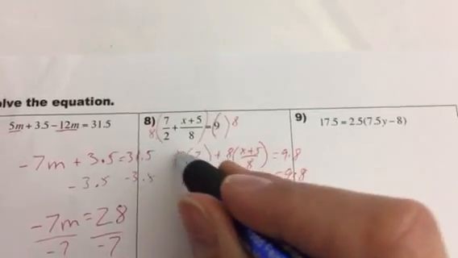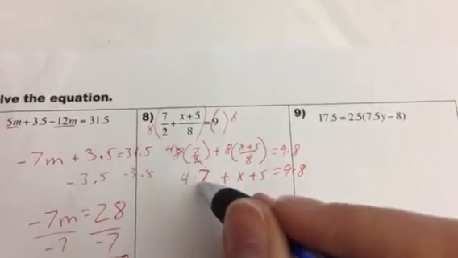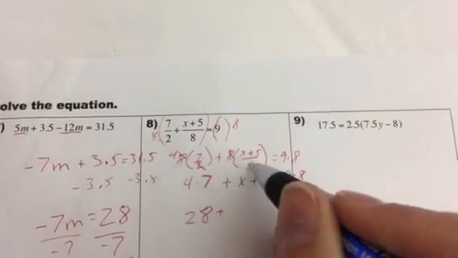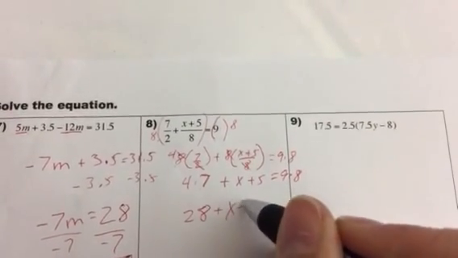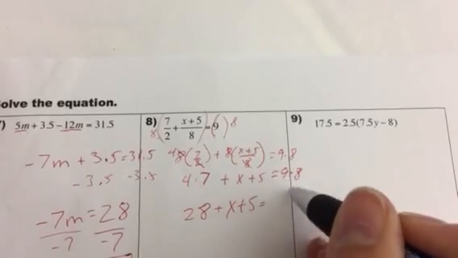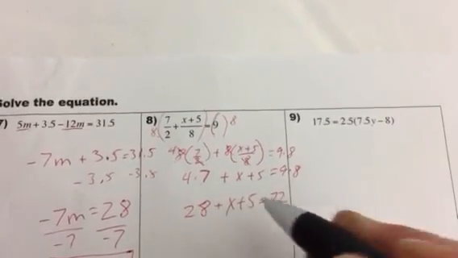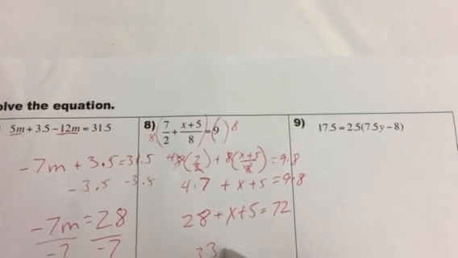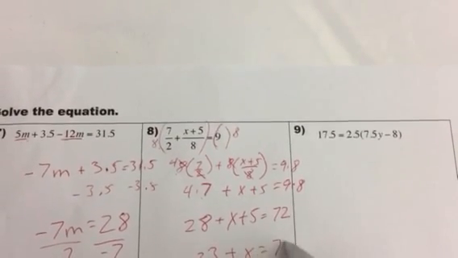So I did the cross cancellation, and it's 4 times 7, which is 28, plus, and then this canceled to 1, so I got x plus 5 equals, and then 9 times 8 is 72. Okay, 28 plus 5 is 33, plus x equals 72.